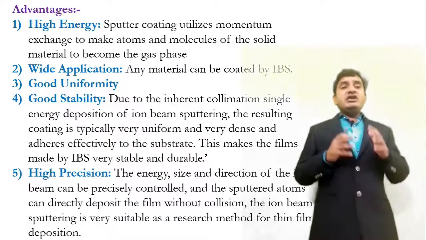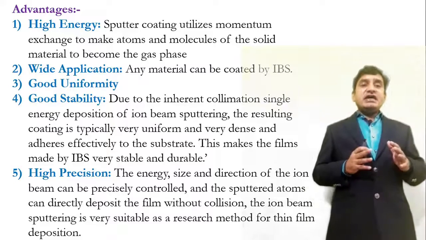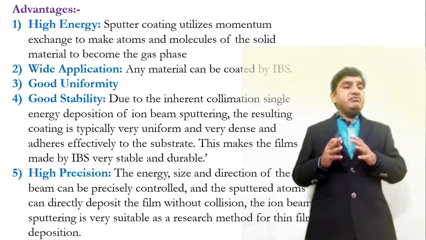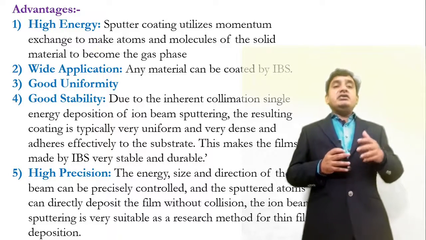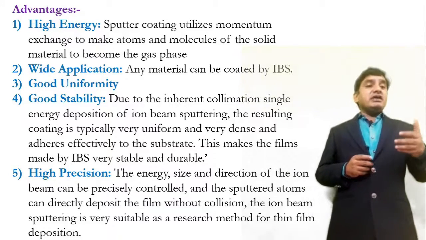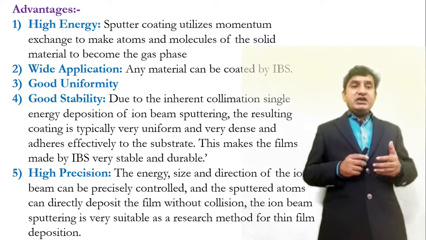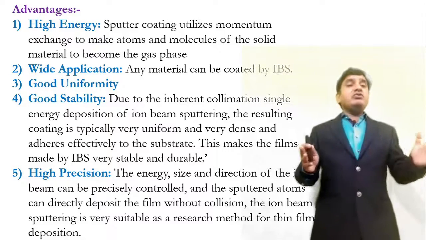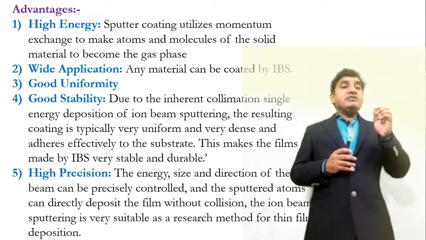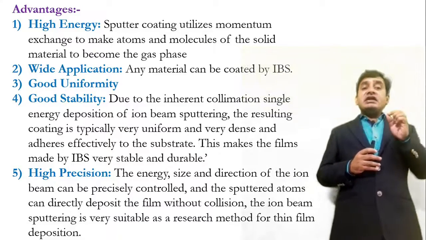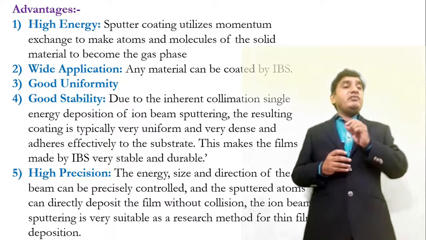High precision: the energy, size and direction of the ion beam can be precisely controlled and the sputtered atoms can directly deposit the films without collision. Ion beam sputtering is very suitable as a research method for thin film deposition.